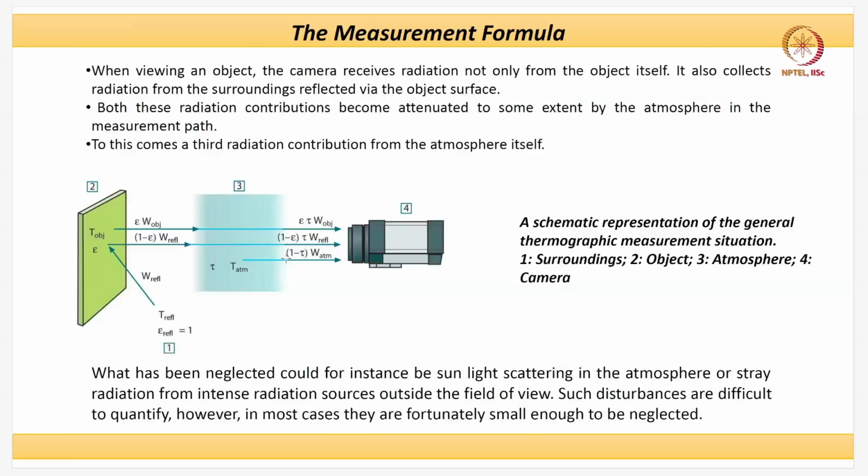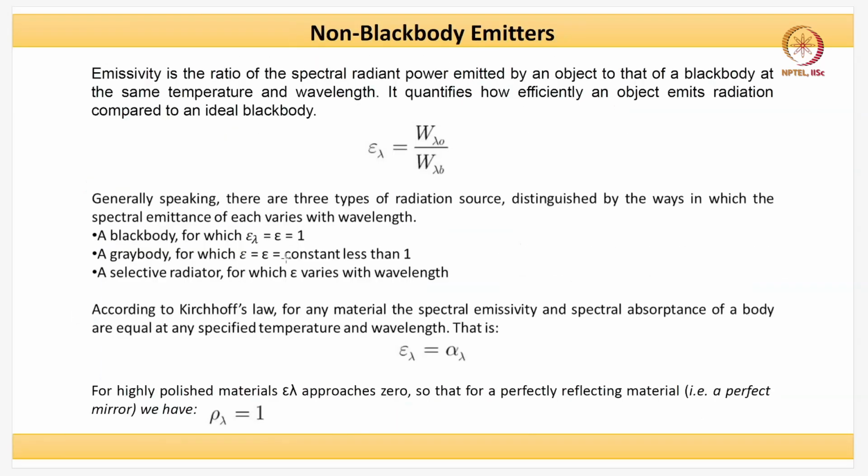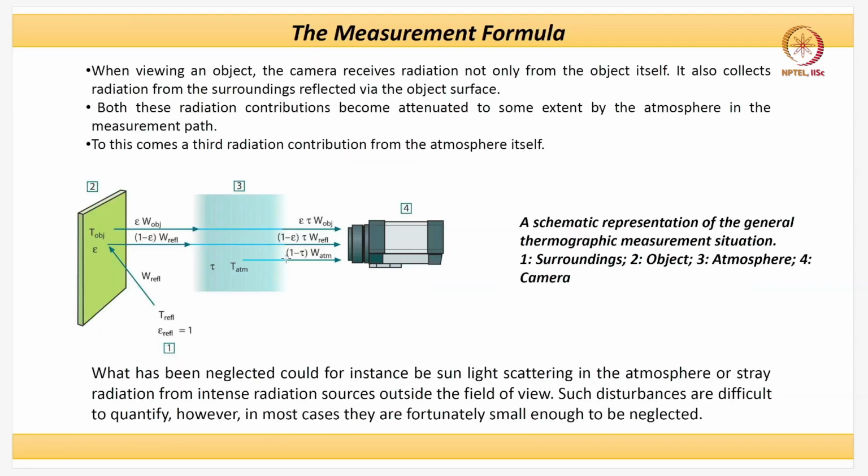If you look at the previous drawing, you can see that this is the radiation that the camera receives because it passes through the atmosphere. As it passes through the atmosphere, a part of it is absorbed, part of it is reflected, and a part of it is actually transmitted. That is the part that we are calculating. That is what the camera receives, the part that is actually transmitted.